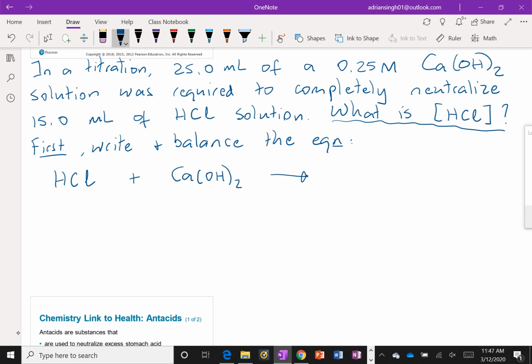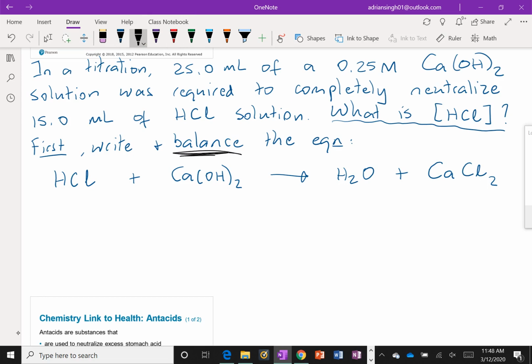We have an acid and a base, and we saw previously that an acid and a base combine to produce water and a salt. The salt is simply the calcium taking the place of the hydrogen to make calcium chloride. So this is a double replacement. Calcium has a charge of 2+, chloride has a charge of 1-. If we cross the charges, swapping them into subscripts, we have CaCl2 as our salt. So that's our basic chemical equation that represents what's going to be happening in our titration.